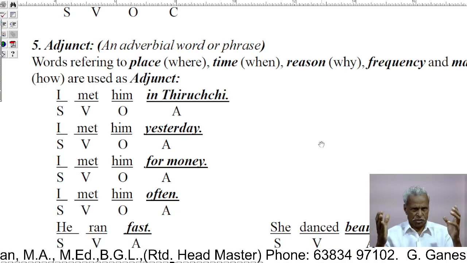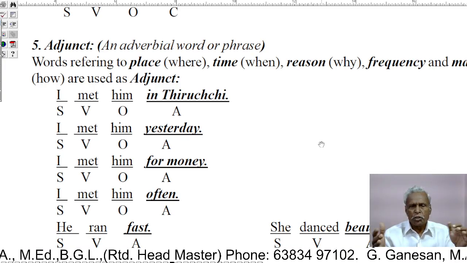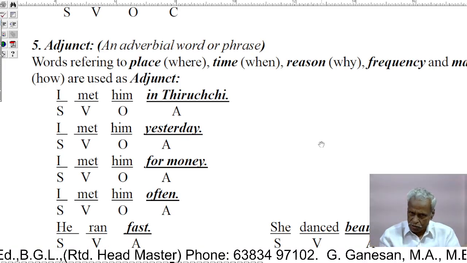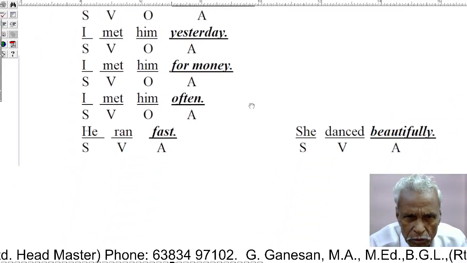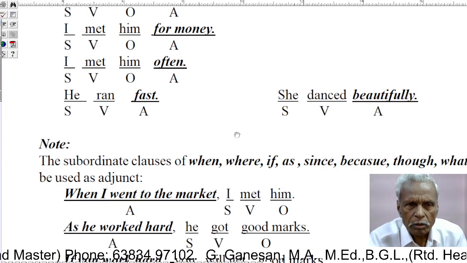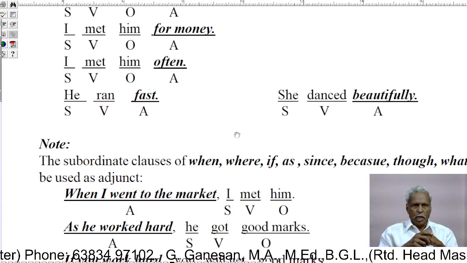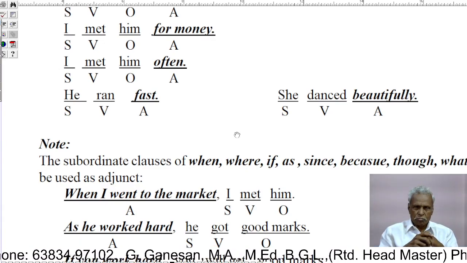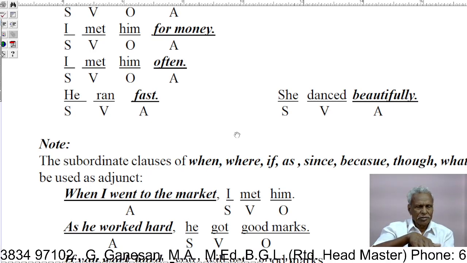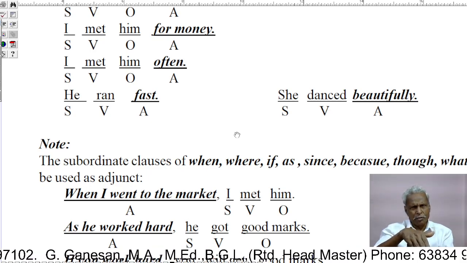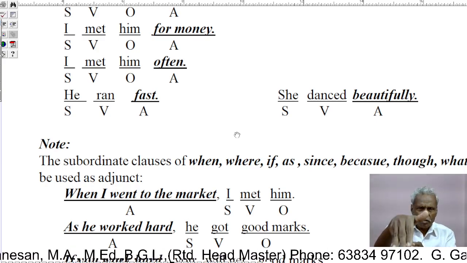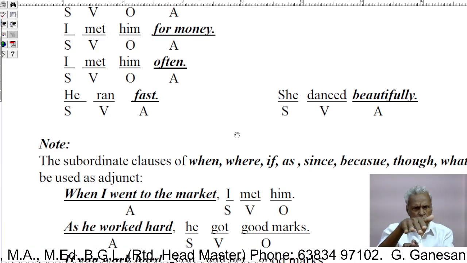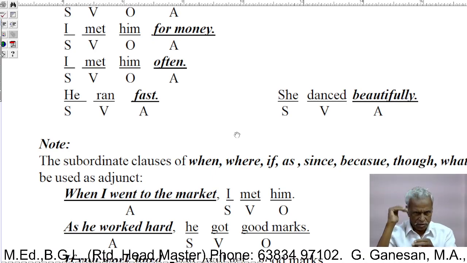For money, reason. Reason has been used as adjunct. Then, I met him often. Often is the adverb of frequency. So here, often, adverb of frequency, has been used as adjunct.